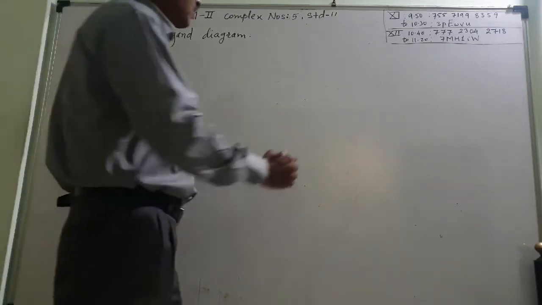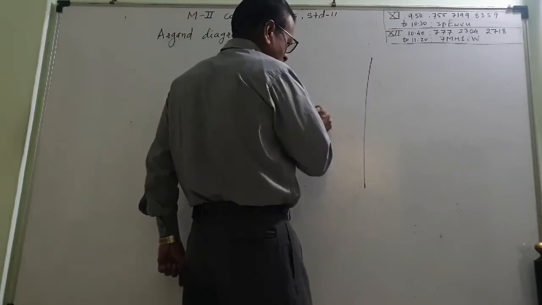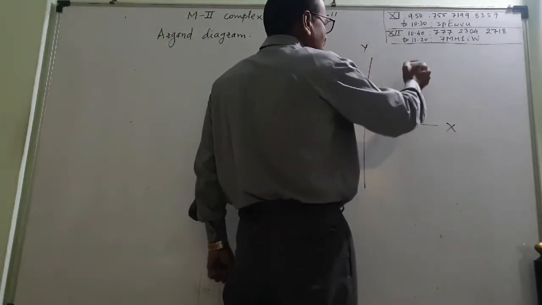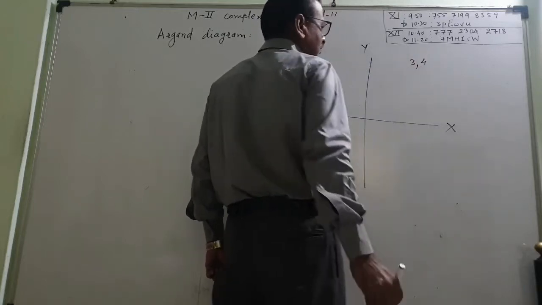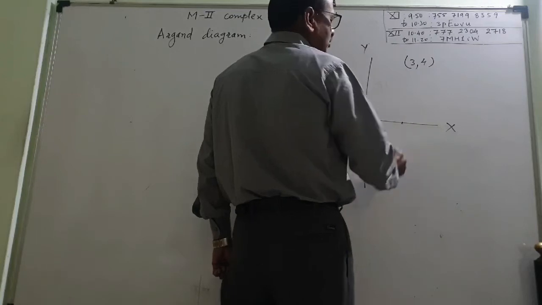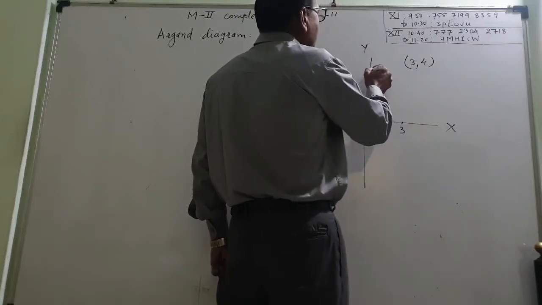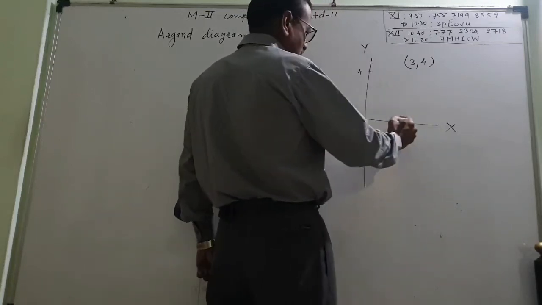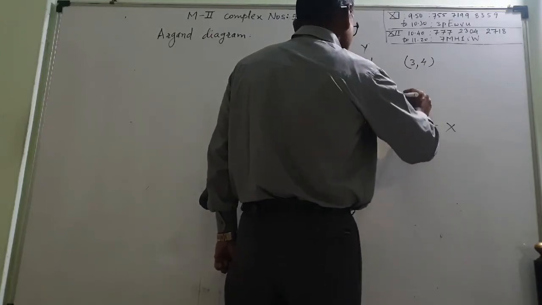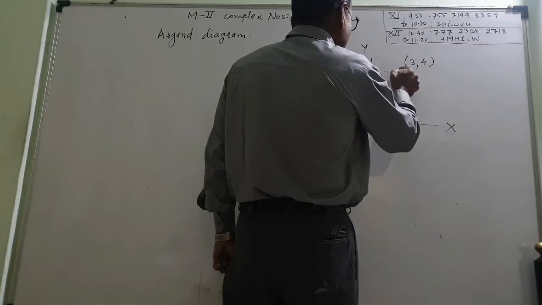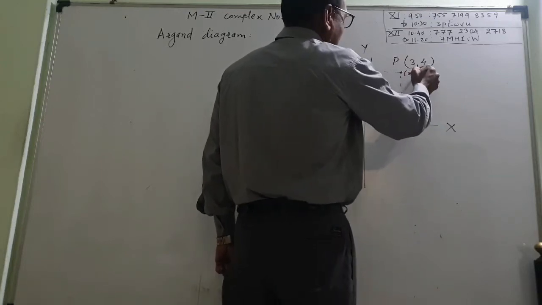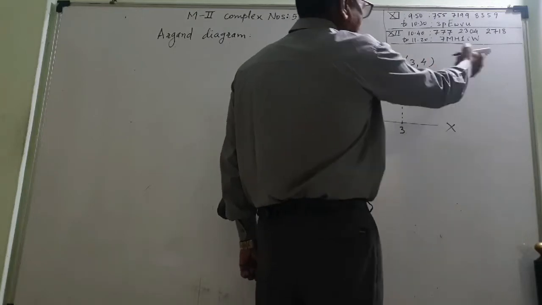Say suppose we have seen this is the x-axis, this is the y-axis. I have to plot the point 3, 4. 3 is the x coordinate, this is suppose 3, and 4 is here, this is the y coordinate. So at 3 I come, and on the y-axis I go 4 places above, and this is that point 3, 4, this is the P point, this is x, y is equal to 3, 4.